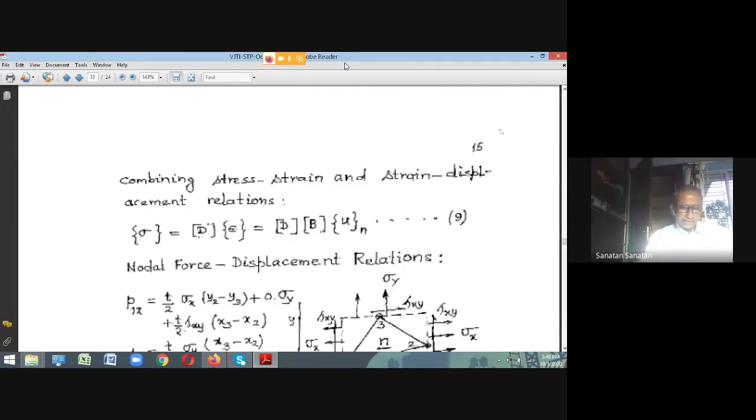And you get this simplification, that stresses are given by the stress-strain matrix D multiplied by the B matrix multiplied by U. So that's the position.